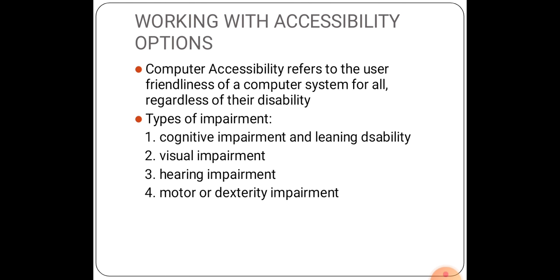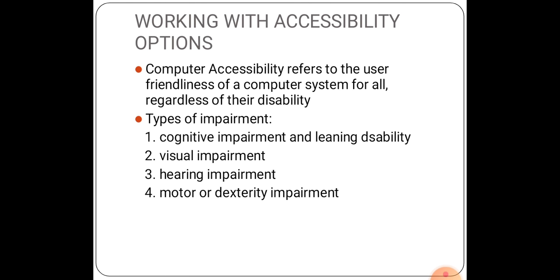Before getting into the features, we have to learn what the types of impairments are. First one is cognitive impairment, that is a learning disability. Learning disability refers to not being able to sit for long, right? When we type on a computer, we have to sit straight in a 90-degree position. We have learned some ethics and postures to work on a computer.